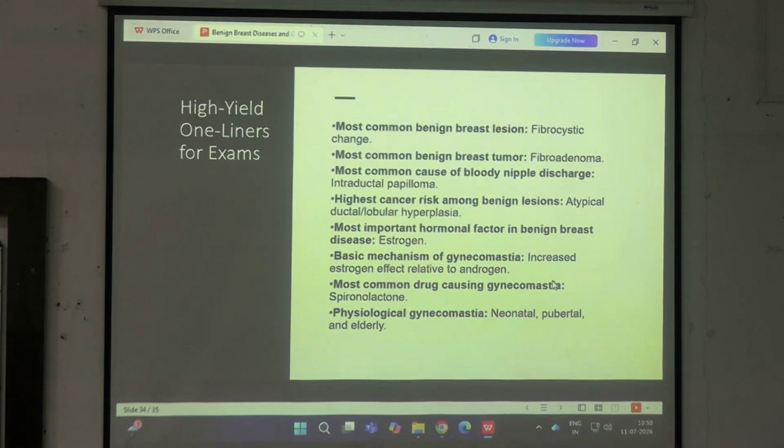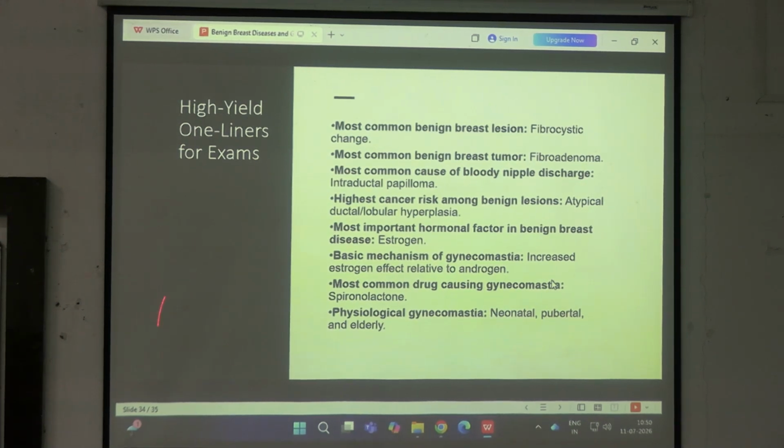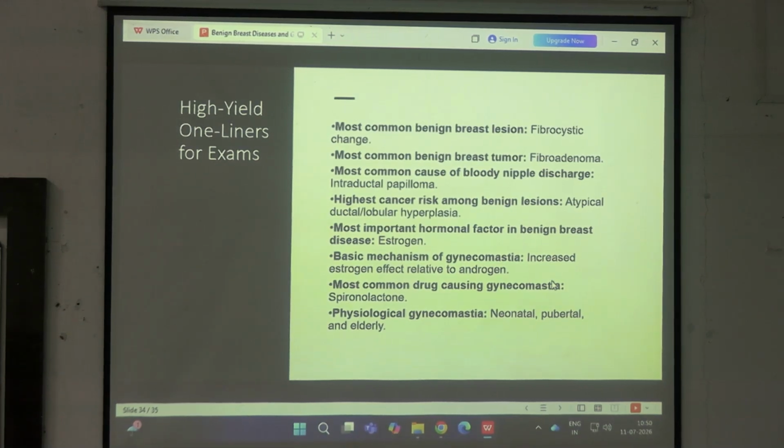The most important hormonal factor in benign breast disease is estrogen. The basic mechanism of gynecomastia is increased estrogen effect relative to androgens, and the most common drug causing gynecomastia is spironolactone. And physiological gynecomastia occurs in neonatal, pubertal and elderly periods due to hormonal imbalance.